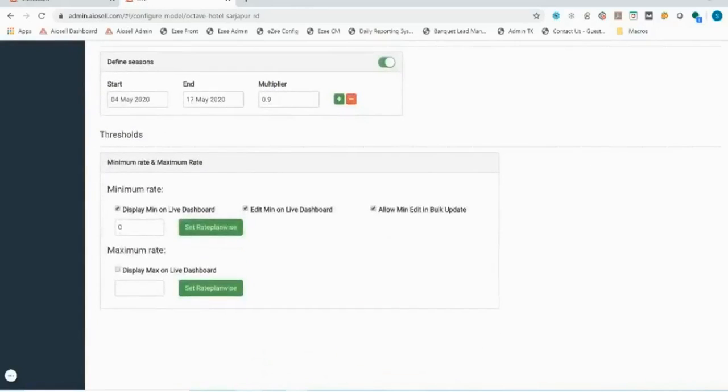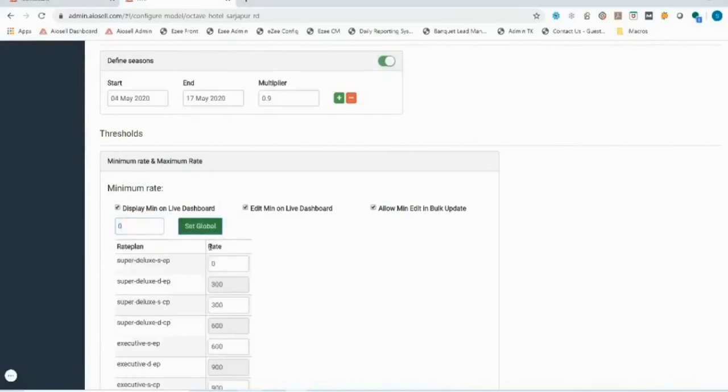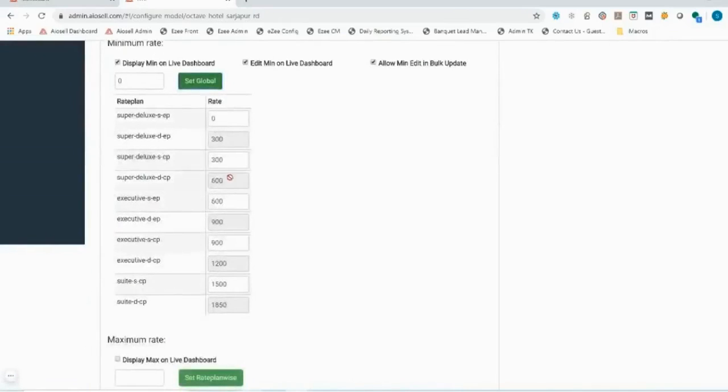We can also specify minimum and maximum rates. These rates can be specified either for the base rate or the lowest room category, or we can specify a complete rate plan wise minimum or maximum. So we can decide that each rate plan can have a minimum value or a maximum value.